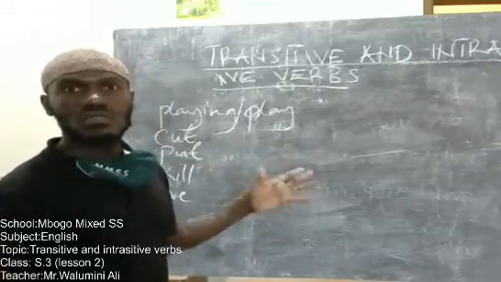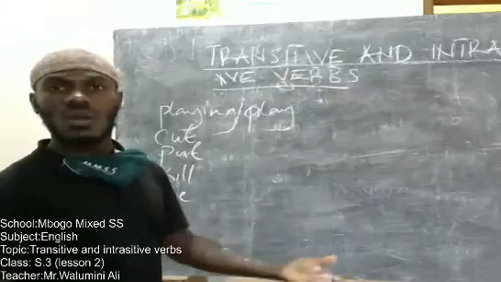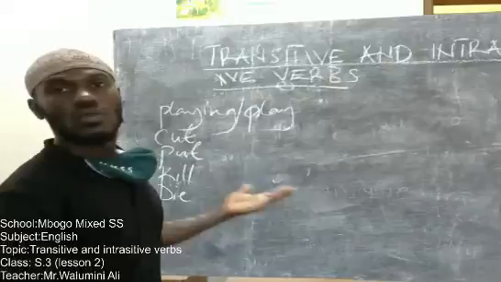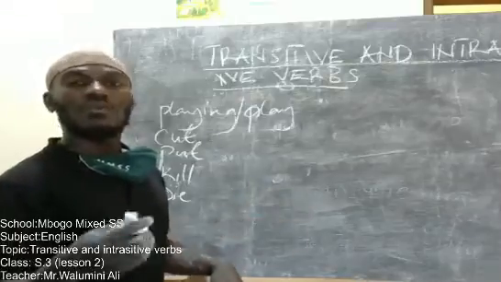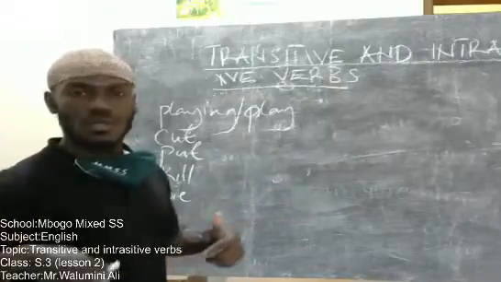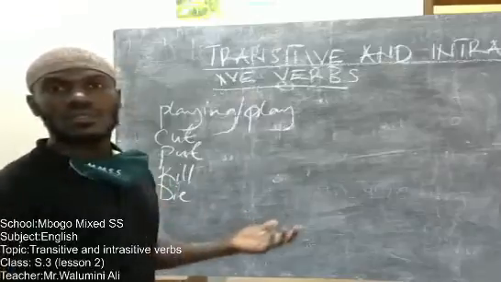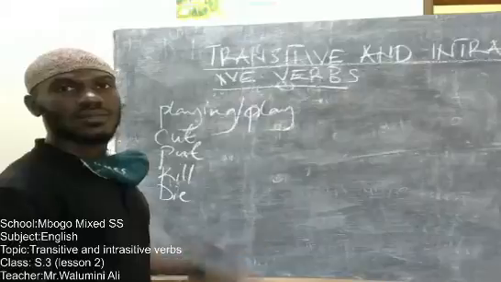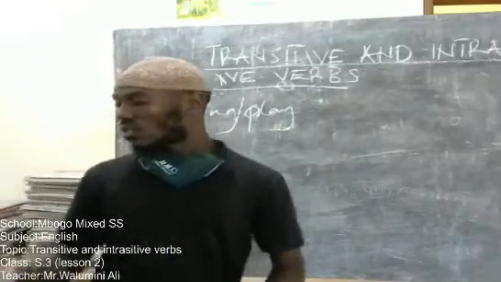He cut the dog. You can use put. See, he put his clothes on. Kill, he killed an elephant. Die, it died. So those are action words.